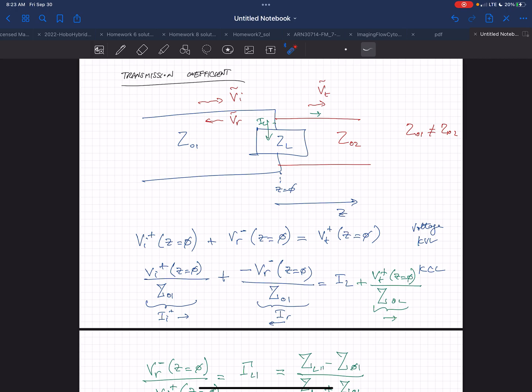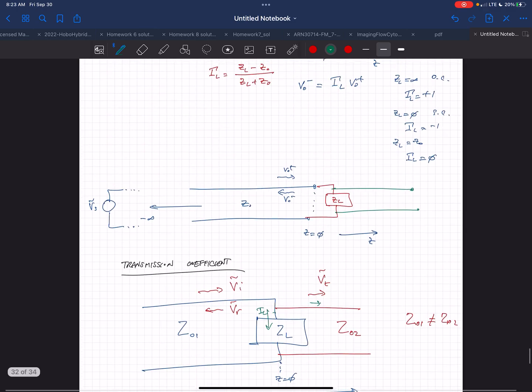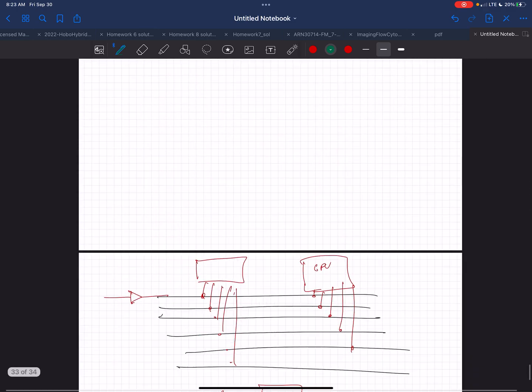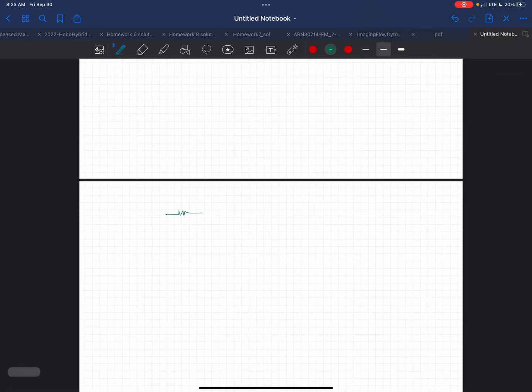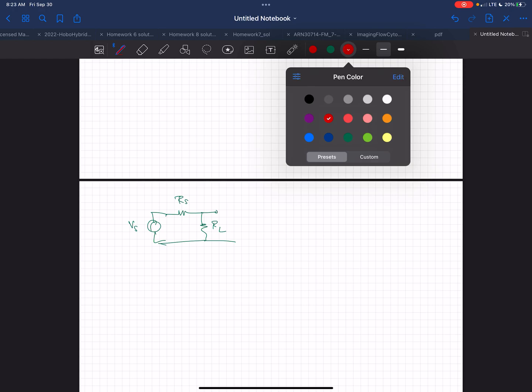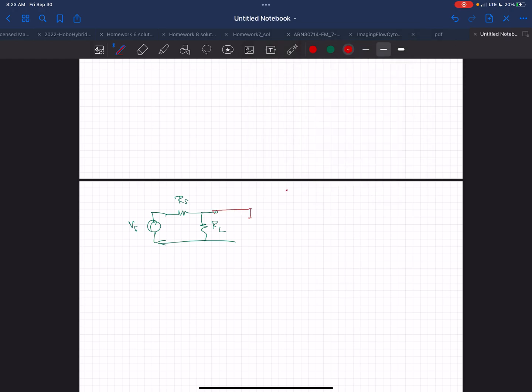You with me? It's as if I said, do a voltage divider here, and I have this case, a simple voltage divider. And now I'm going to add another resistor here, which is another transmission line.